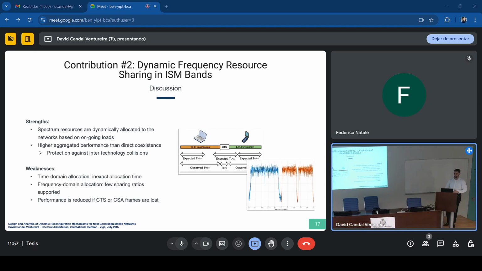On the one hand, they are only suitable for specific scenarios in which the operator is granted exclusive access to use the channel, especially the solution that relies on CTS.